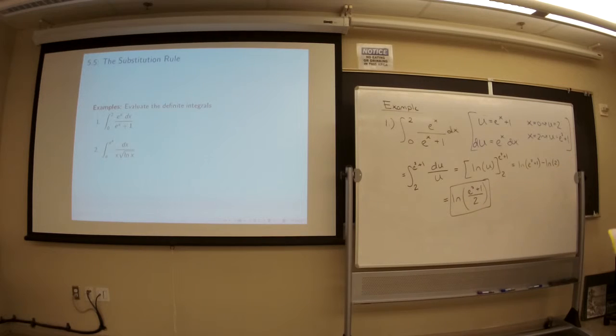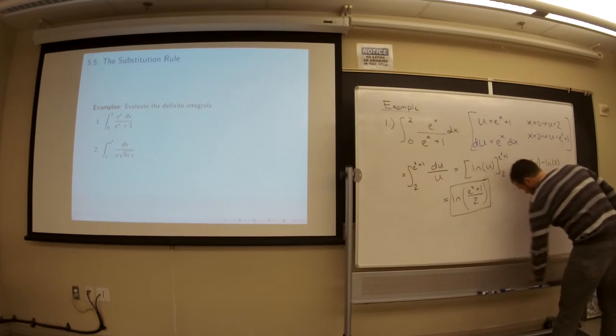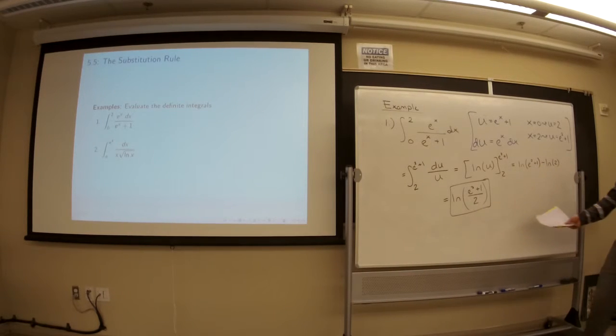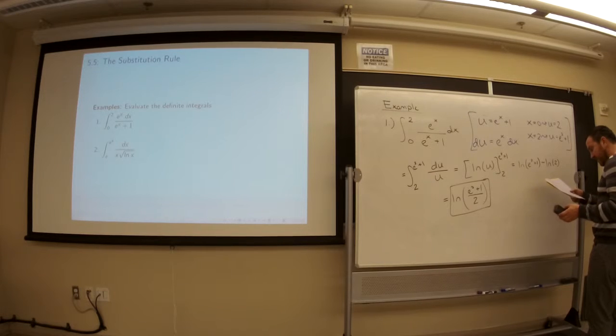Okay, and let's just finish up with the last one here. So this one, the limits didn't make it too much easier, but for the next one, it does make it pretty nice.